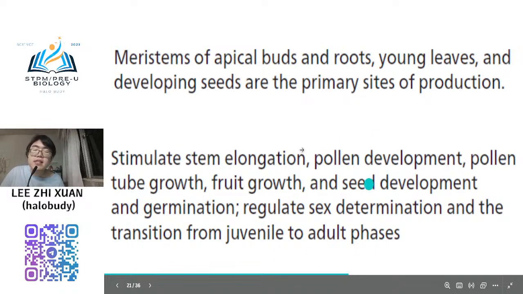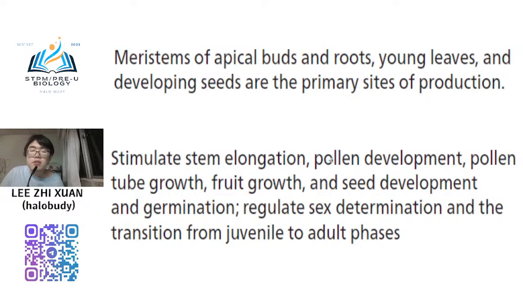So normally this hormone is more responsible for sexual regulation. Stem elongation is not, but pollen development, pollen tube growth, fruit growth, seed development, all of these are involved in sexual reproduction. So normally this hormone plays the role in sexual reproduction, especially in seed germination.